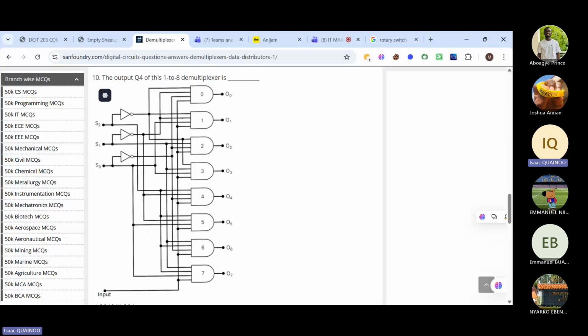If you connect all 8 AND gates together, it's like you are saying that all those outputs are interlinked, or that one of those outputs will be selected, which is not true.